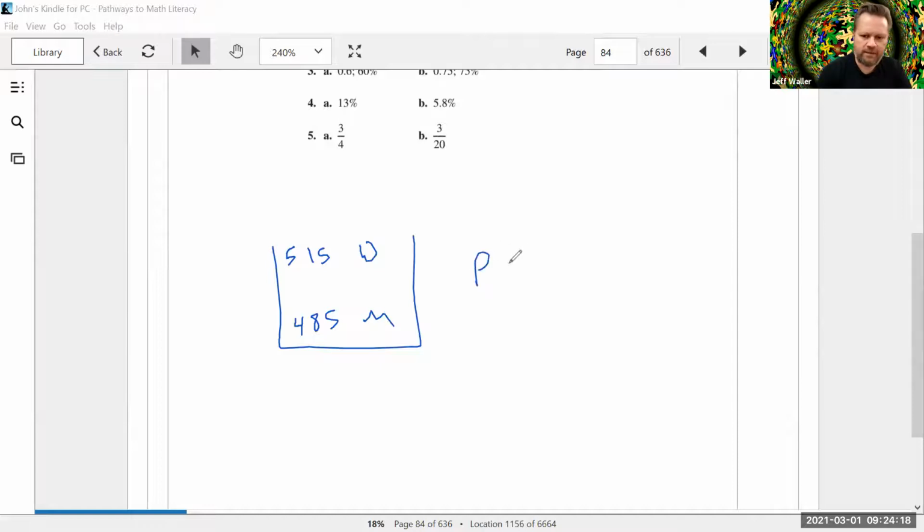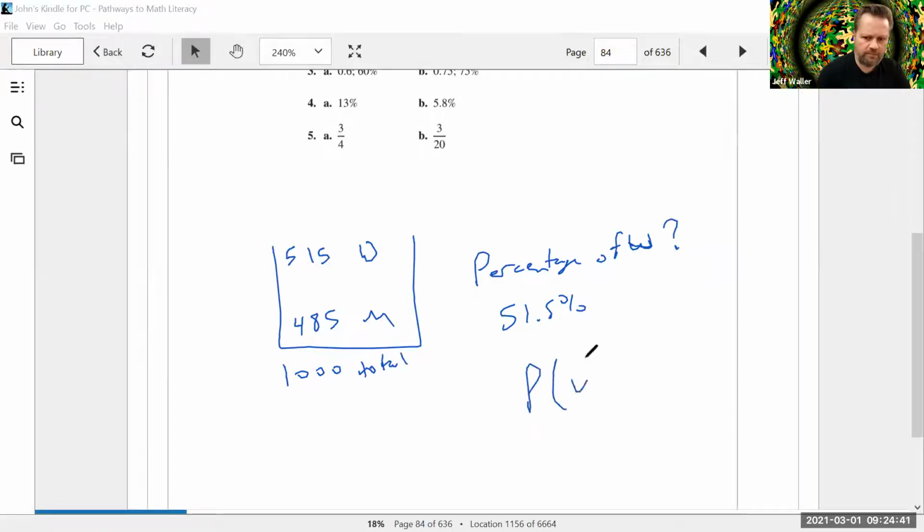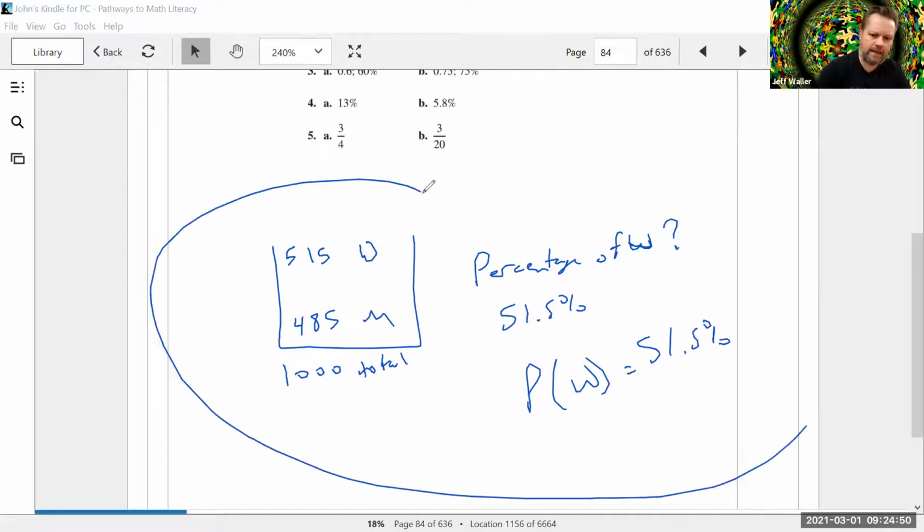What's the percentage of women? 51.5%, because there's 1,000 total. So what's the probability that I'll pick a woman? 51.5%. That is exactly what they're saying.